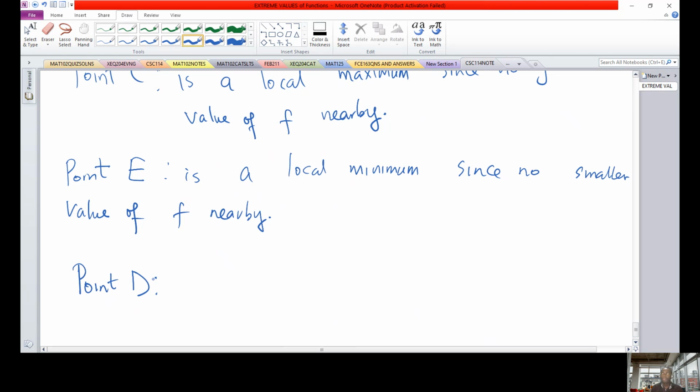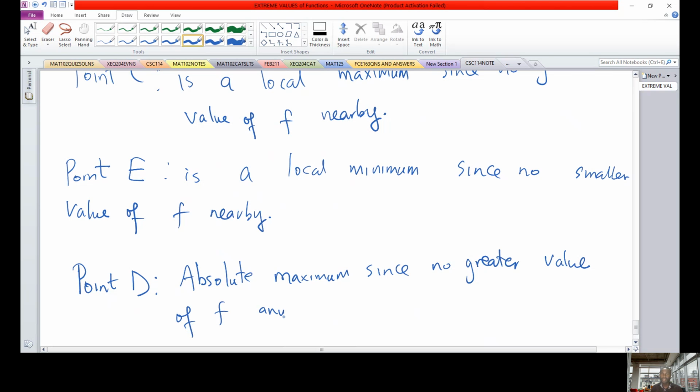And then point D is an absolute maximum since no greater value of f anywhere.